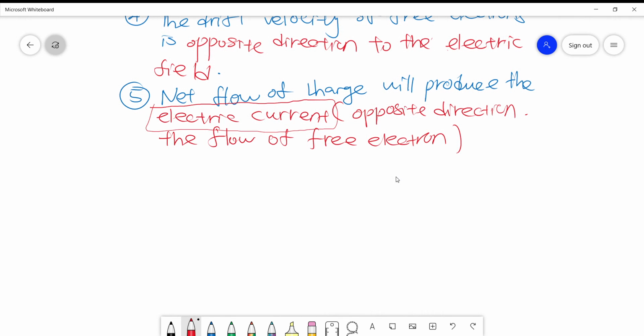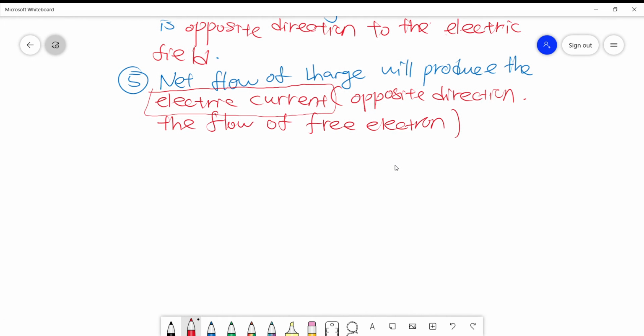There's another note that needs to be understood. Let me just write it down first. Let me zoom it in.